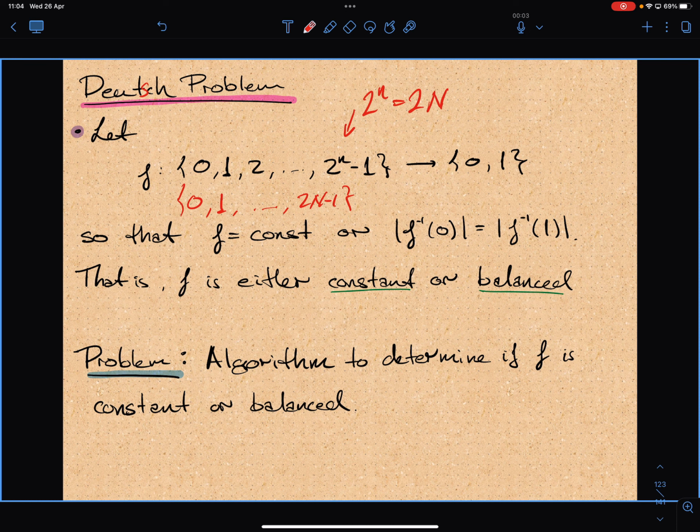It maps to 0 or 1, and the function is either going to be constant or balanced, meaning that it's going to take the value 0 or 1 an equal amount of times on the possible inputs. And the problem here is to determine an algorithm that tells you whether f is constant or balanced.